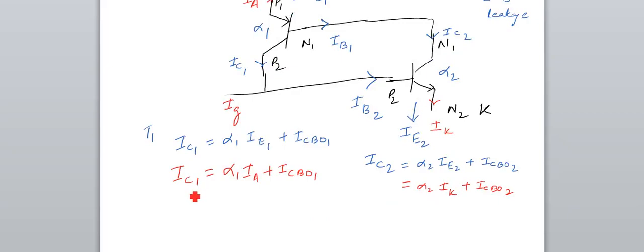Now if I add these two equations, IC1 plus IC2 will give you alpha 1 IA plus alpha 2 IK plus ICBO1 plus ICBO2.